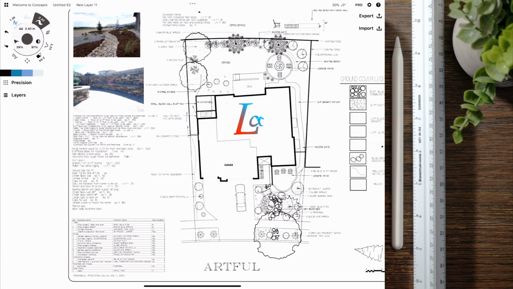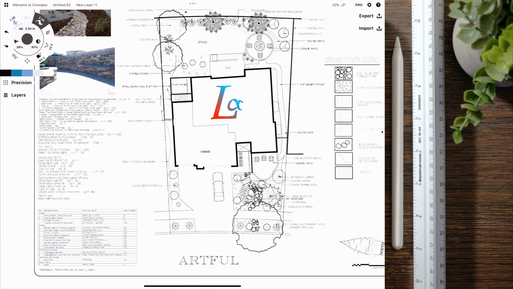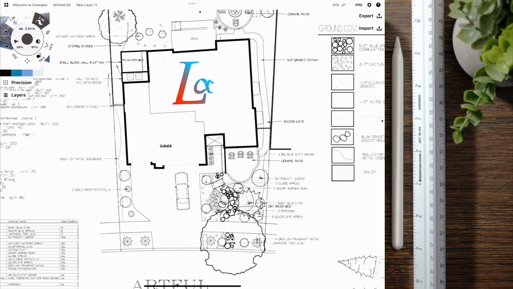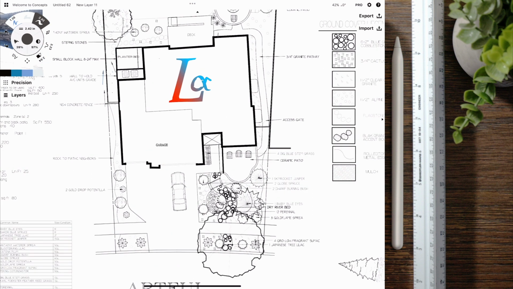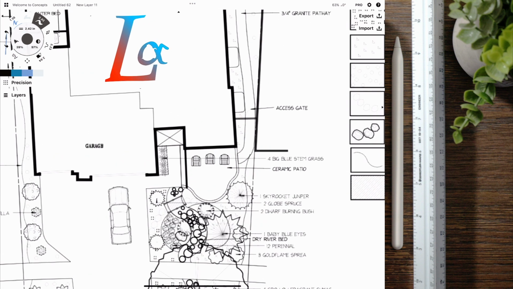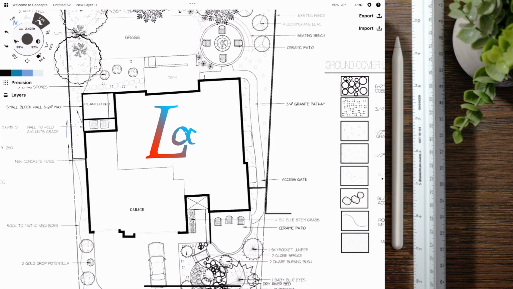That's what I like to do for my designs. I like to add pictures, sometimes even renderings, but in this case I wanted to show you this plan. So let me know if any of this is useful for you, or if you are working on your own landscape design.